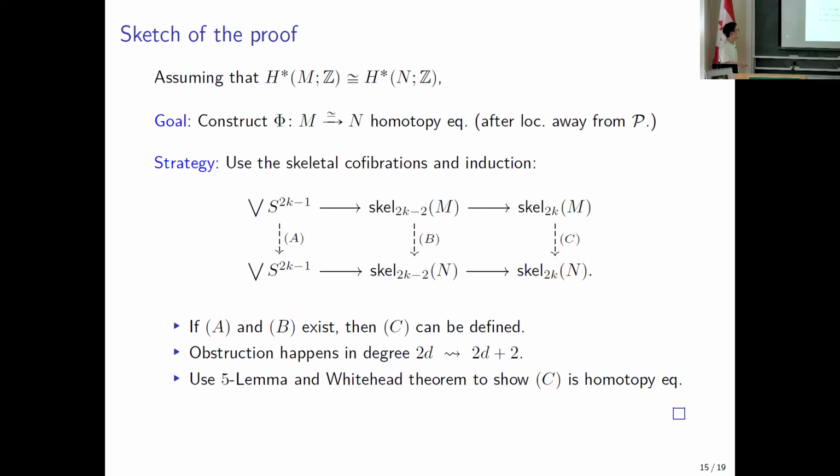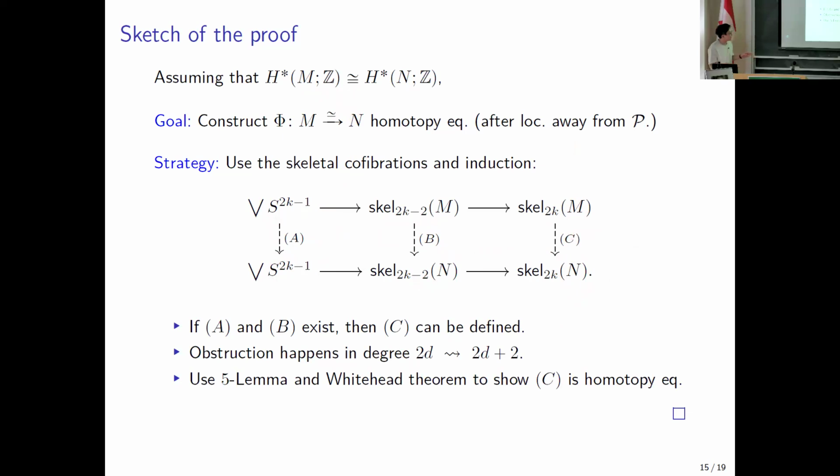The first map is something you can construct from the cohomology ring isomorphism. Then, assuming that there exists a map in the middle, you can construct the third vertical map, and then do the same construction using mathematical induction.